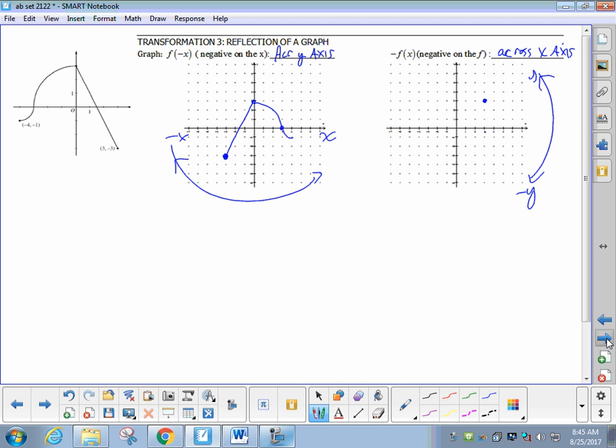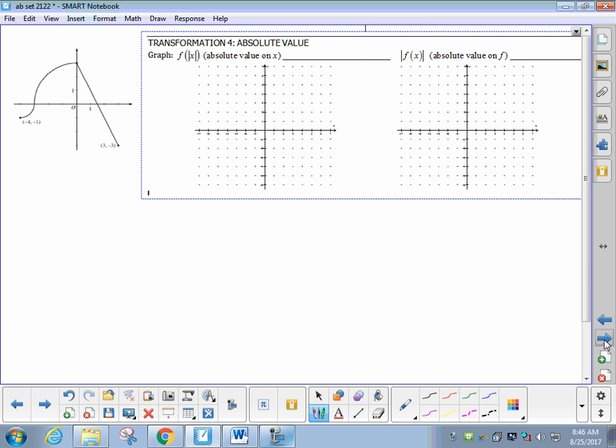That maximum will now become a minimum at 0, -3, and then a quarter circle, like that. Yeah? Like a funny V.